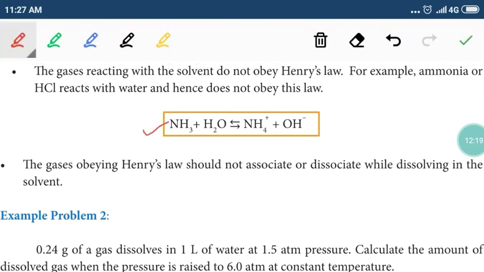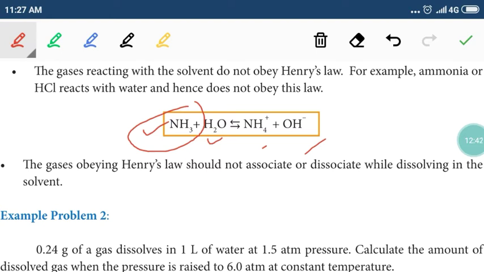When ammonia is dissolved in water, it becomes ammonium hydroxide through a reaction to form ammonium ion and hydroxide ion. Between these two, a force of attraction will be there, so we get ammonium hydroxide. So for molecules like ammonia, Henry's law will not be applicable.